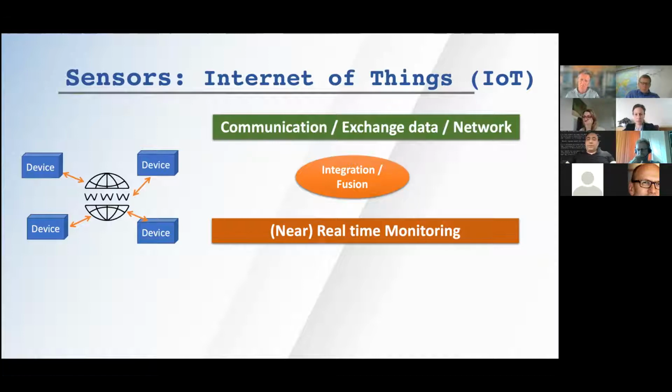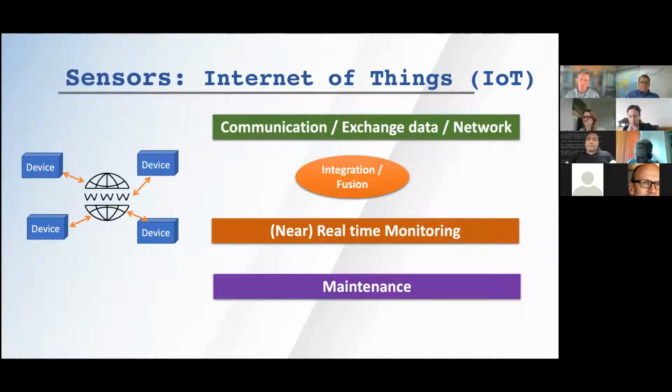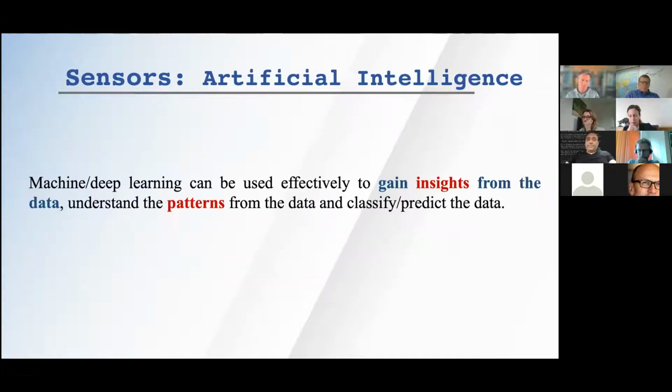So we can continuously monitor an entity, a physical entity that we are interested in. And of course, this capacity makes it much easier and more efficient to maintain the devices and the whole technology.